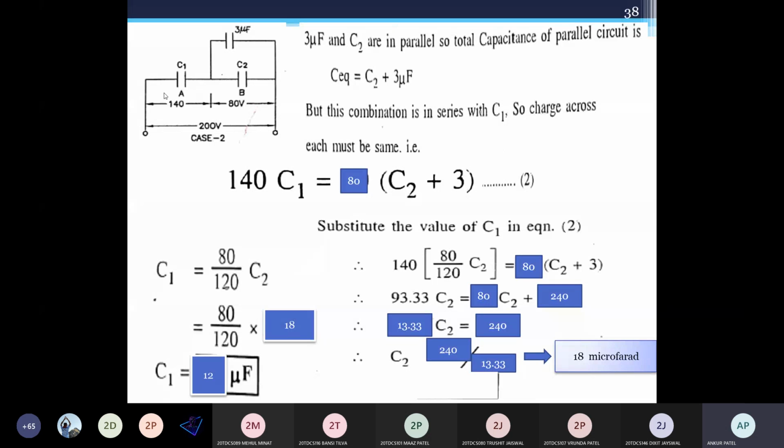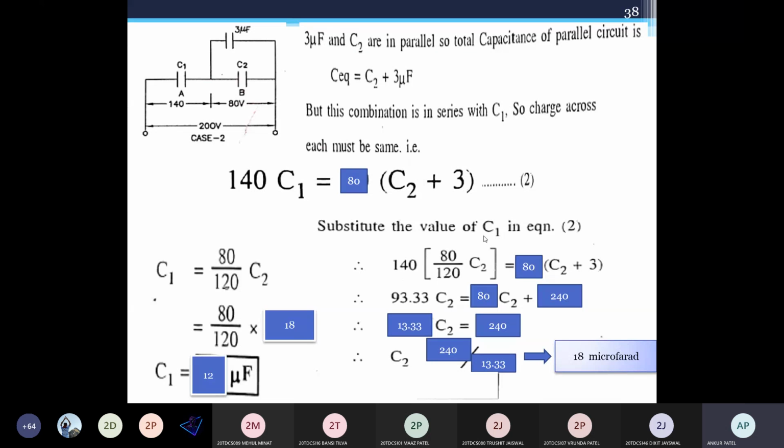So what you can write is 140 into C1 is equal to 80 into C2 plus 3. According to Q equals CV, the charge must be the same as these are in series combination.